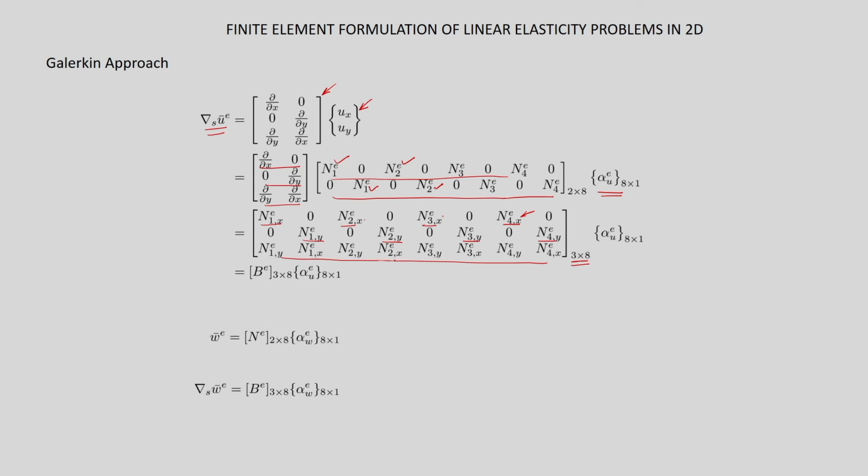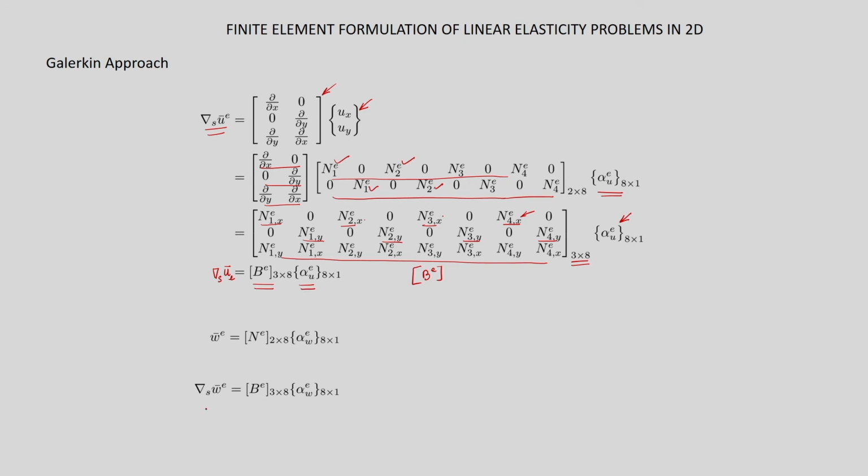This matrix is defined as B matrix. So, that relates strain with displacement. We call this the strain displacement matrix, and this alpha vector will remain as it is, because this is a constant vector. So, the symmetric gradient of u bar of a given element E we got as B times alpha.